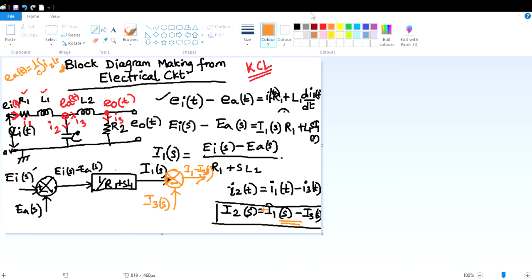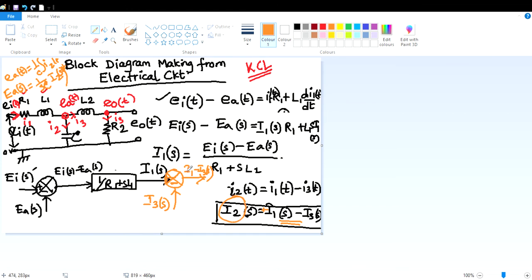That was my third equation. So if I take the Laplace of this equation, what can I find? EA(s) will be (1/sC) I2(s). That means this I1 minus I3 is nothing but I2.